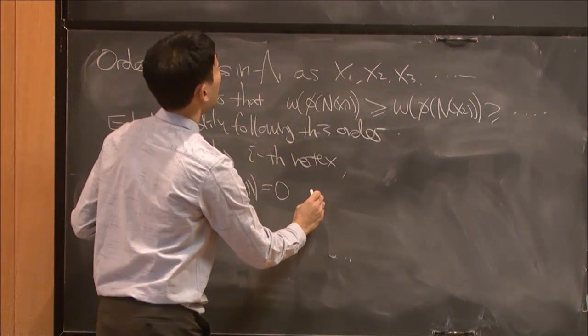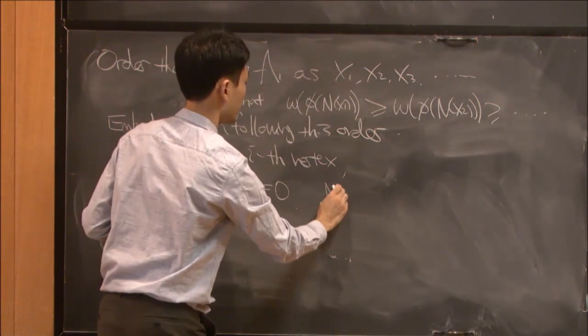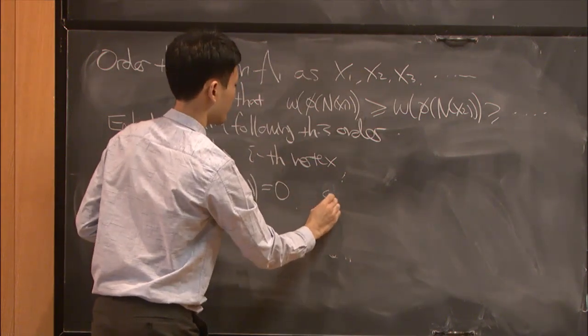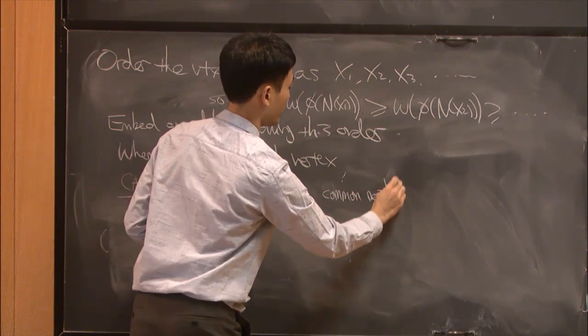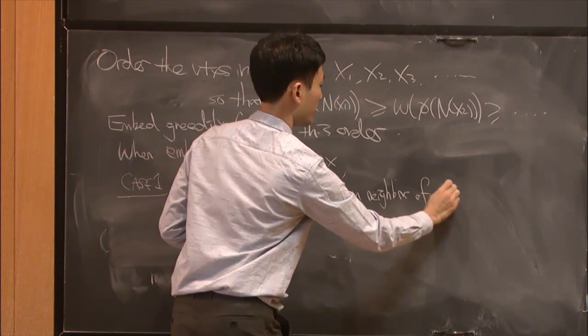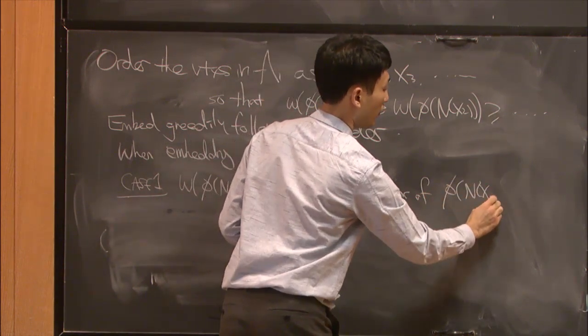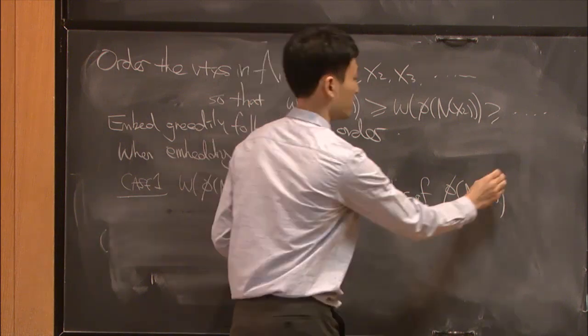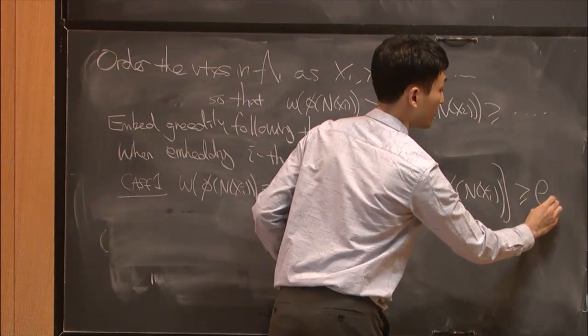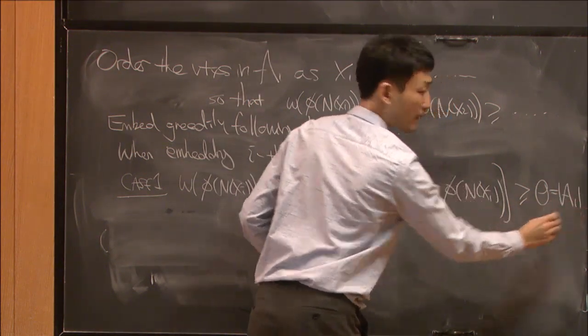That means the definition just implies that the common neighbors, I'll just write common neighbors because the notation will get pretty bad, of where the neighbors of xi went to, this is at least theta, which I define to be a1.